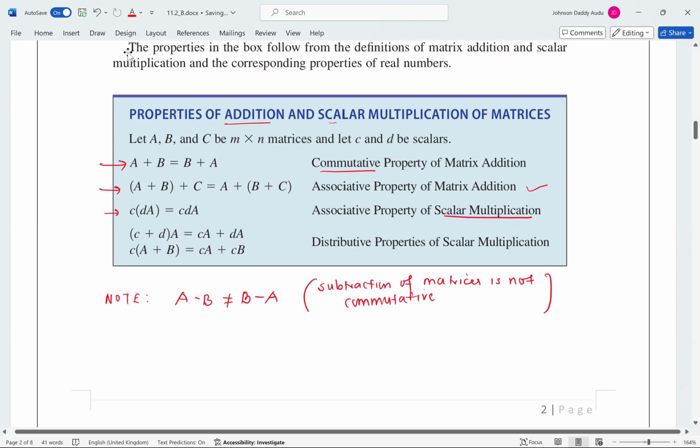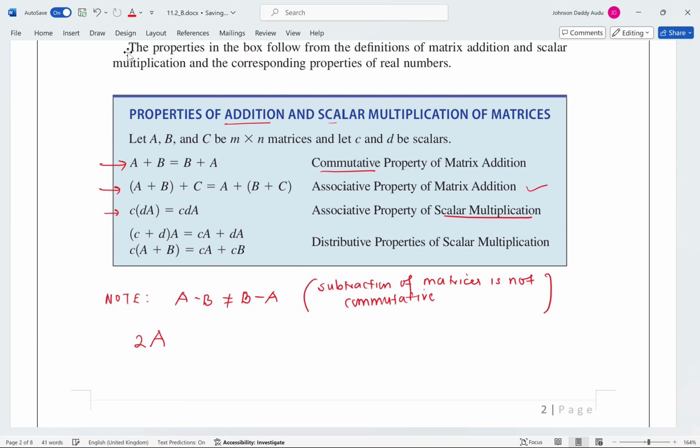So it simply means if you are multiplying a matrix by two scalars. So let's say you have a matrix A, and you have 2A multiplied by 3. This is the same thing as 2 times 3A. This is still true.